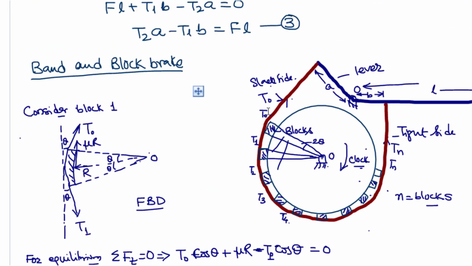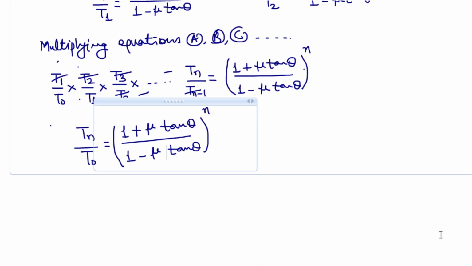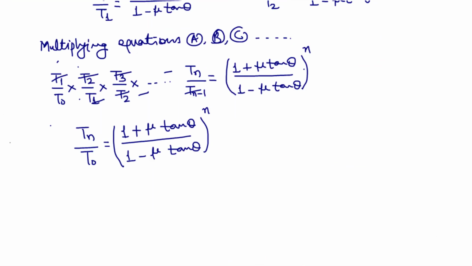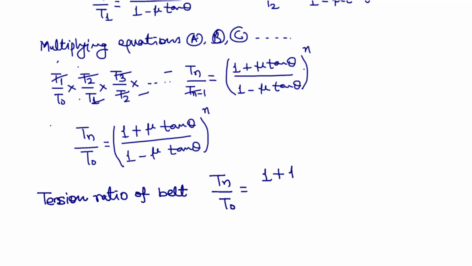This is the tension ratio of the belt: Tn upon T0 equals ((1 plus mu tan theta) upon (1 minus mu tan theta)) power n, where n is the number of blocks.